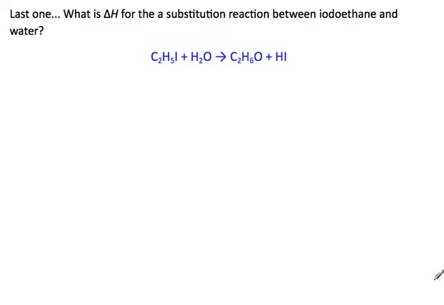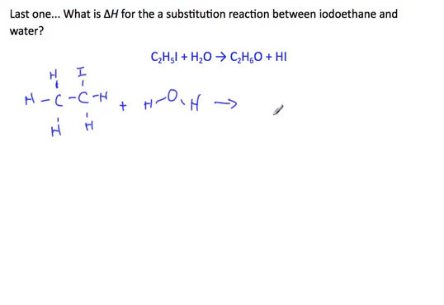How about a substitution reaction between iodo-ethane and water? If that's my balanced equation for this reaction, again, I can look at a simple stick diagram. My stick diagram is going to look like this. Carbon with hydrogens attached, and on carbon 1 I have iodine, and the rest are hydrogens, plus water.